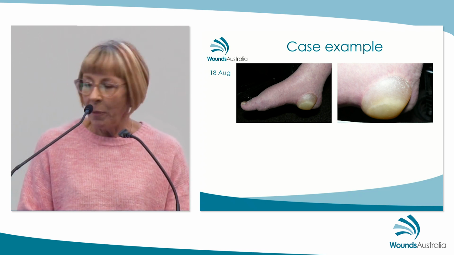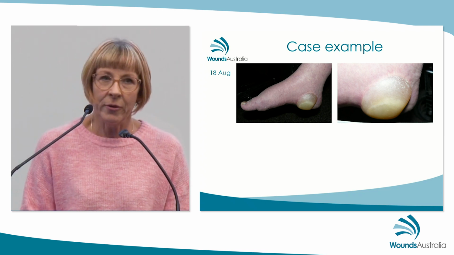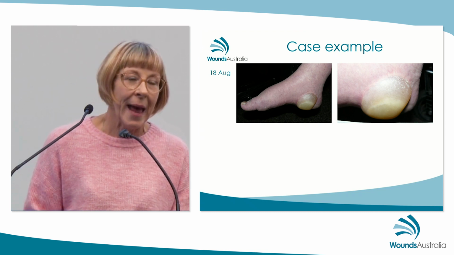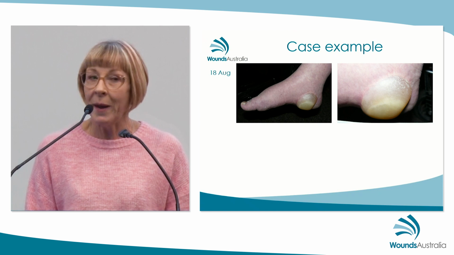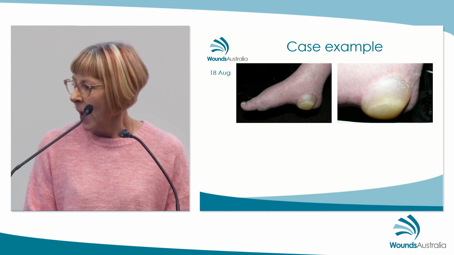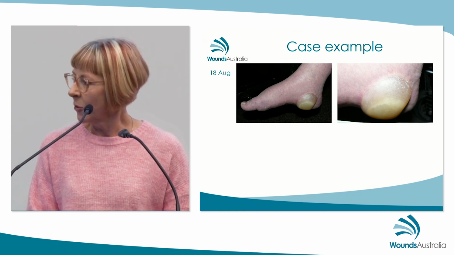So here's a case example of a lady I looked after a little while ago. She could not tell me how this happened. She did have paraplegia, but she could not tell me how this blister happened. Now, interestingly, I'll just tell you a little story.